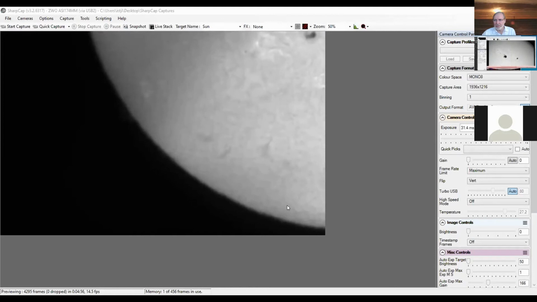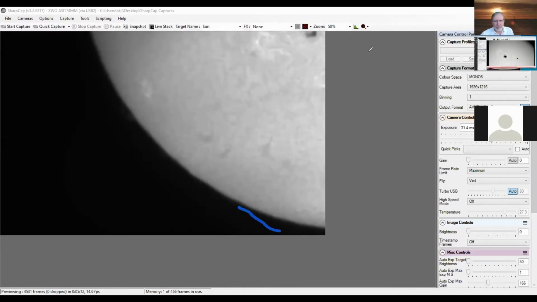The first thing I want to talk about here is this stuff happening at the edge, this waviness around here. That's not the sun. The movements of the sun are much slower because it's such a huge object. This is heat waves coming off of my neighbor's house that's being detected here.